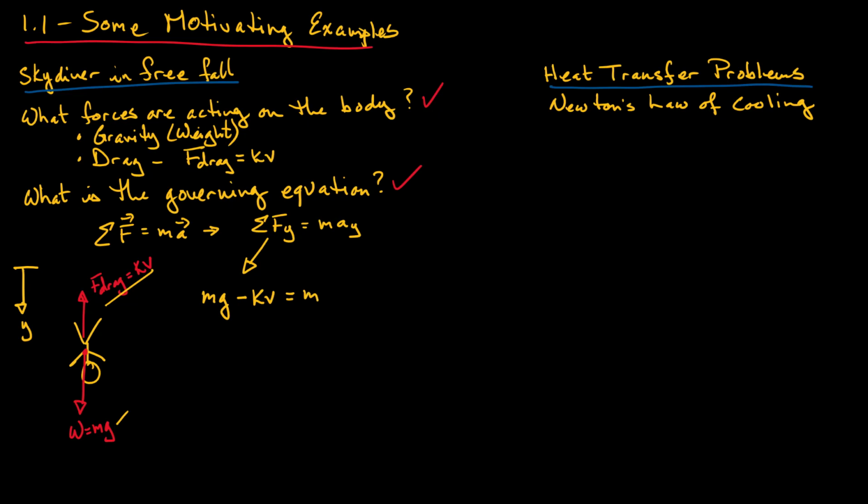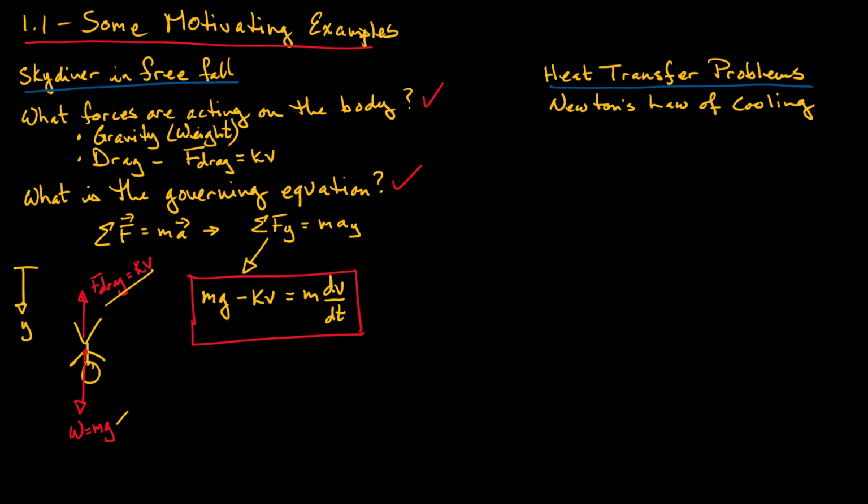Now recall that we're working with differential equations, so we might want to cast our acceleration in some sort of derivative form. So we could just say that the acceleration is the time rate of change of the velocity. So this is a plausible ODE that we would solve in our study of ordinary differential equations.